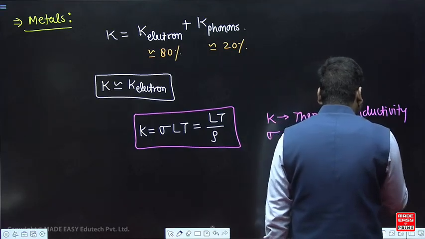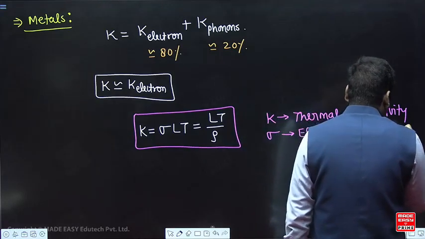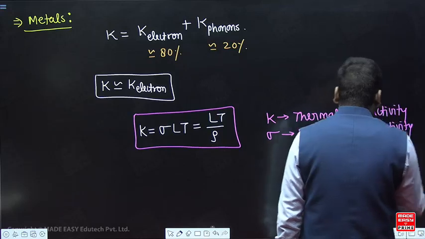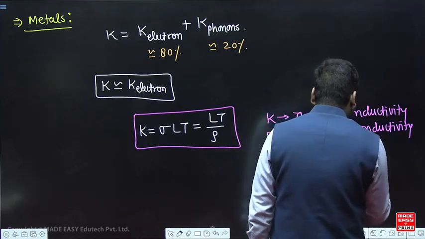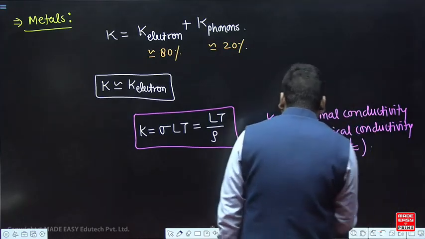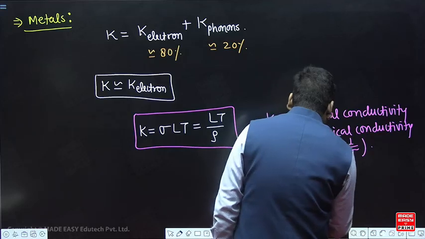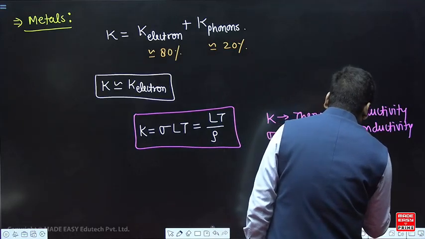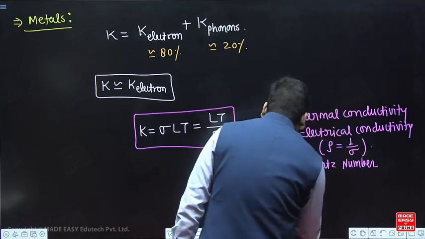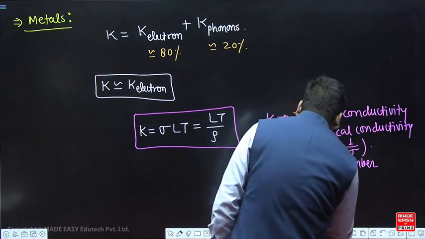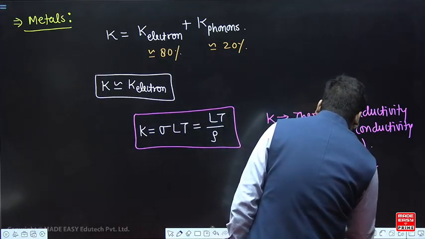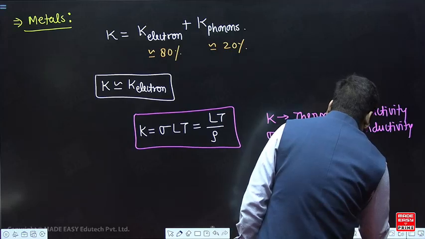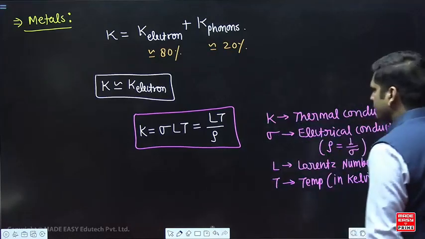Rho is the reciprocal of electrical conductivity, so rho is 1 upon sigma. L is the Lorentz number, and it is basically a constant, and T is temperature. This temperature is in Kelvin, right?